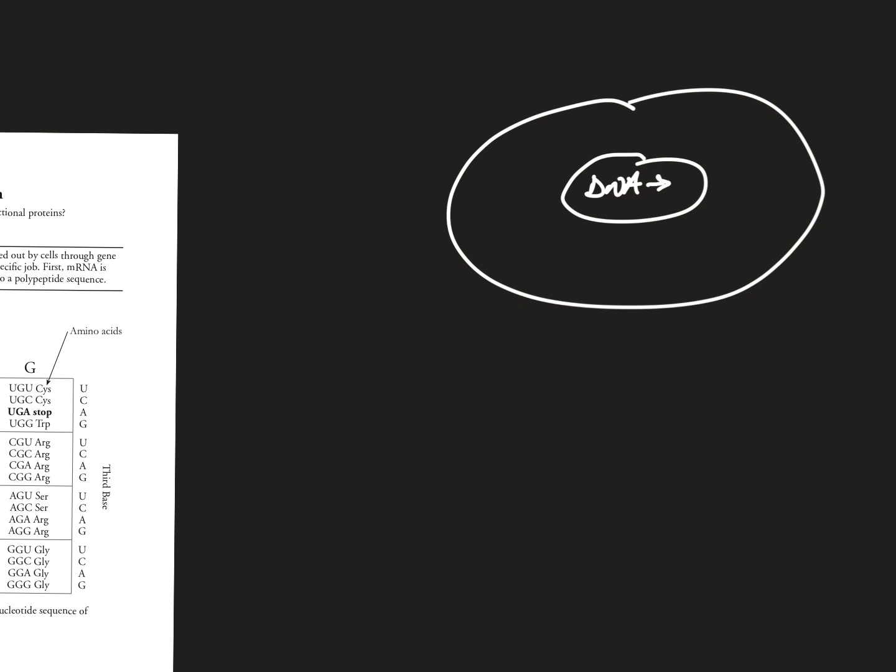So DNA to RNA is what happens in the nucleus. And if you read and think about it, and if you listened last week, then you know why DNA to RNA happens in the nucleus.